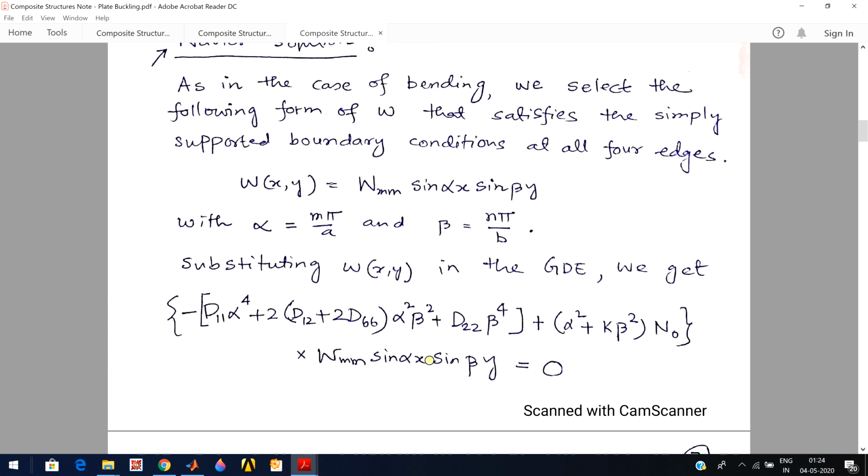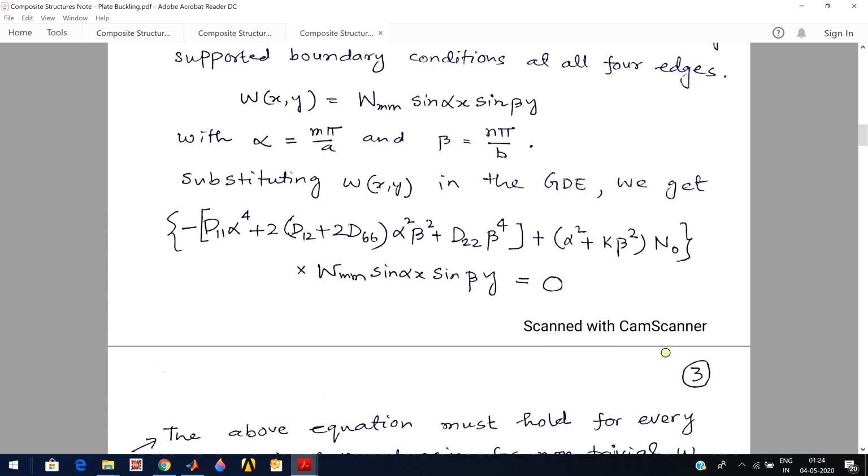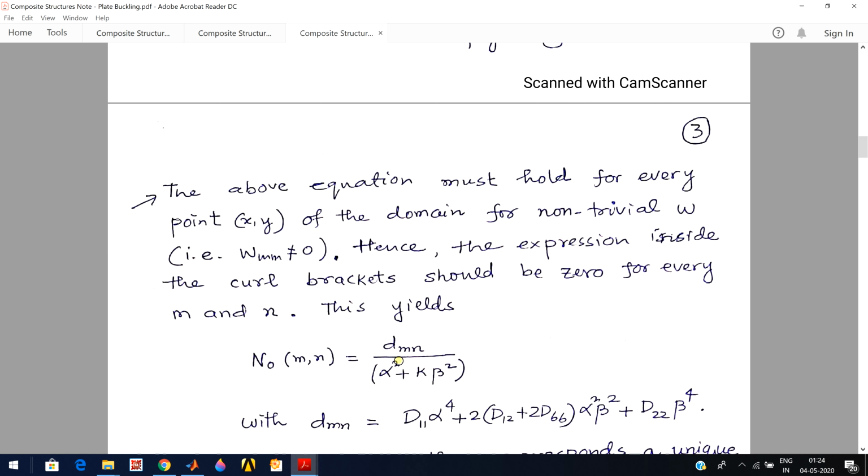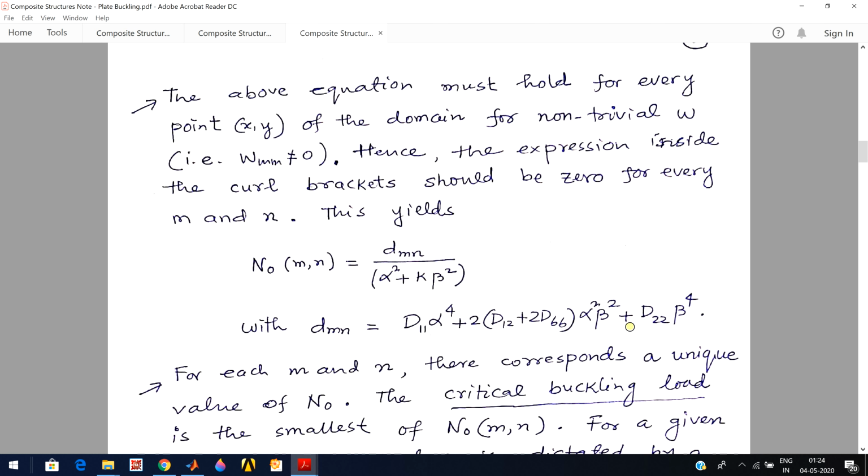After that, we can show that to hold this equation for every x and y, we should have this term within the bracket 0, and from there we'll get what is this n0, which is a function of m and n, and this is the expression where dmn is expressed in this way.